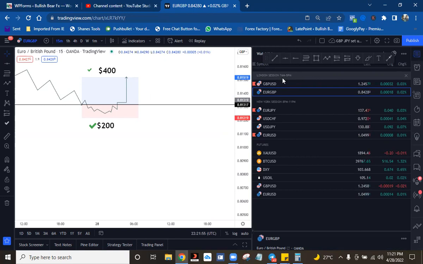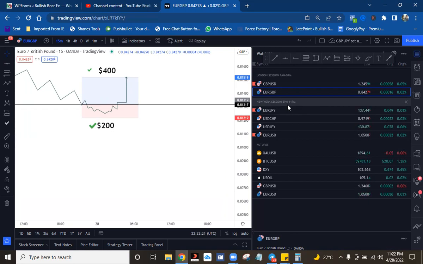For the New York session, when you can trade the dollars and the euros, it is between 8 p.m. to 11 p.m. Now I'm doing this according to my local timing in Nigeria. So you know your own country and how to set up your time accordingly. All right.